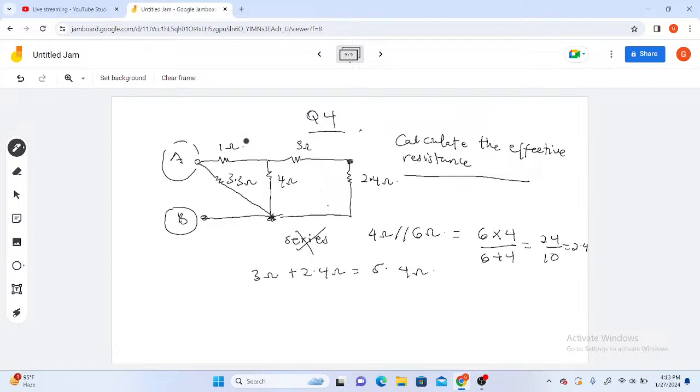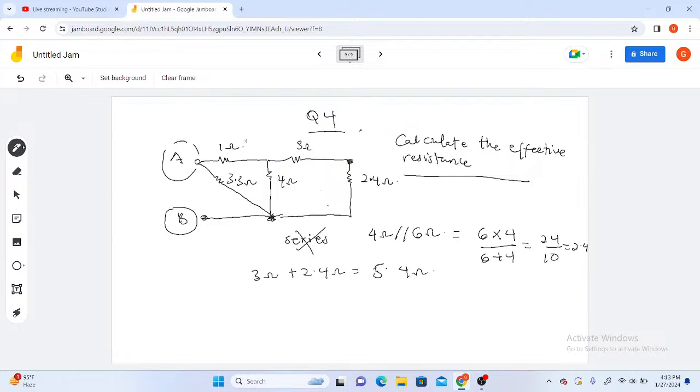I've now combined these two resistors, so gradually we are moving. I have to clean the two and replace it with a single resistor that is the effective value of 5.4 ohms here.